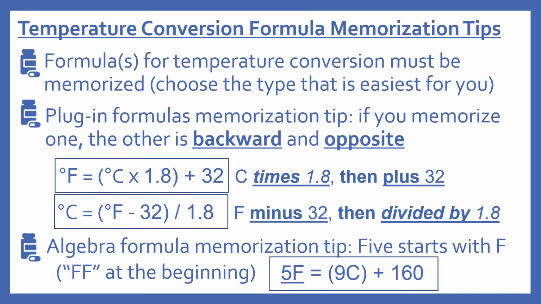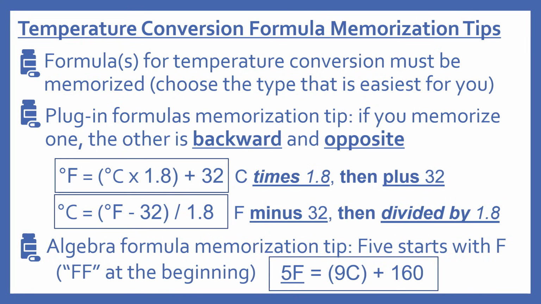So for the plug-in formulas, if you memorize one, the other is backward and opposite. So if we look at these here again, the degrees Fahrenheit is going to equal Celsius times 1.8 plus 32. So then we look at the one for finding Celsius.